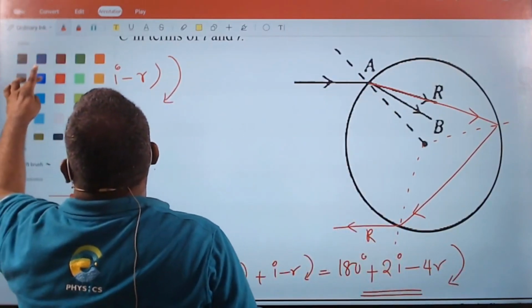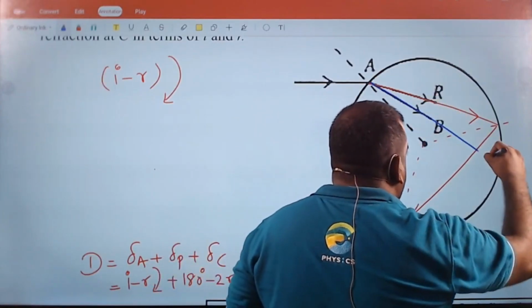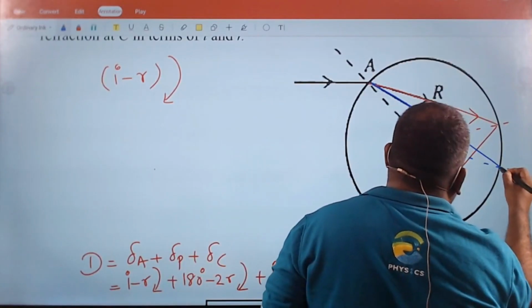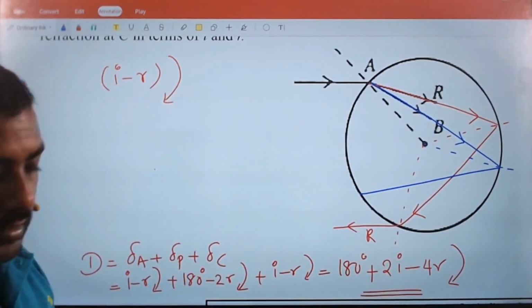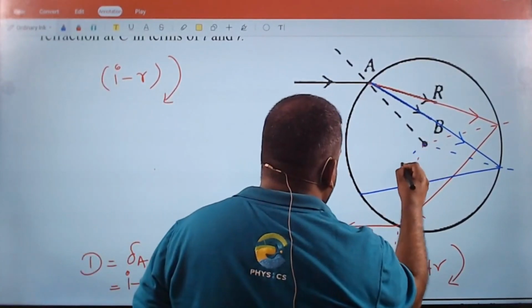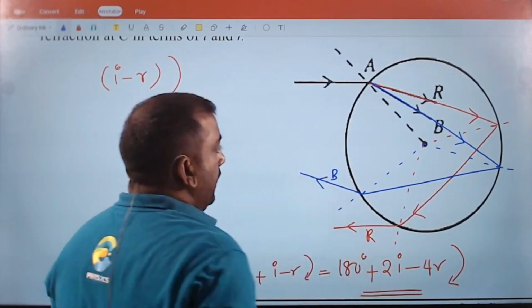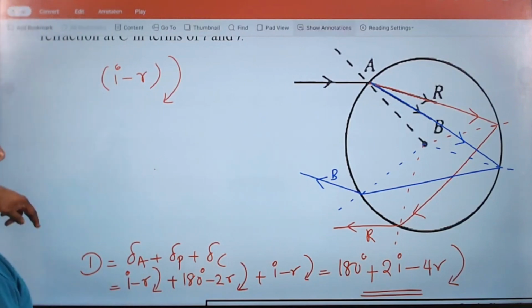What about blue? Blue will come here. Blue will come here. Deviate. Red and blue marked. Okay.